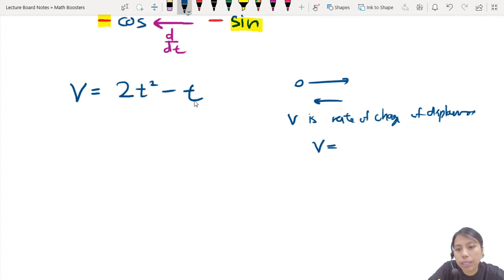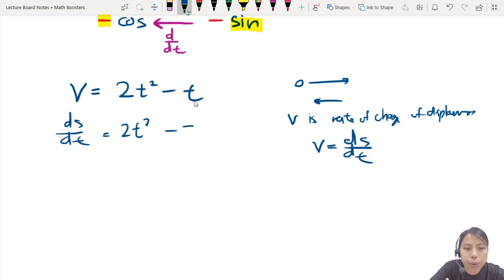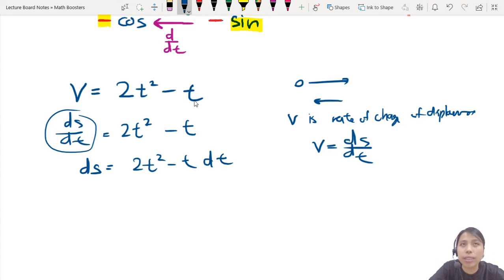So you can say velocity is ds/dt. So you write here ds/dt. Next step, we want to integrate. So let's rearrange, all the s on one side, then you put all the t on the other side, dt. Treat this like a fraction, numerator and denominator. Okay, now we're ready to go.